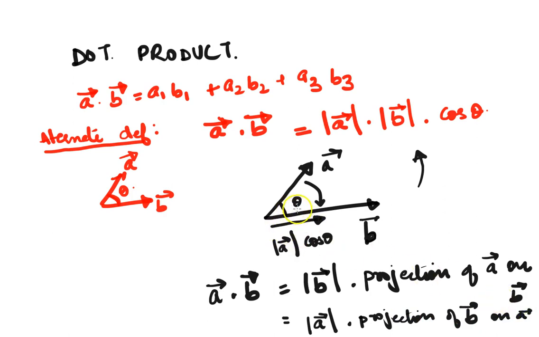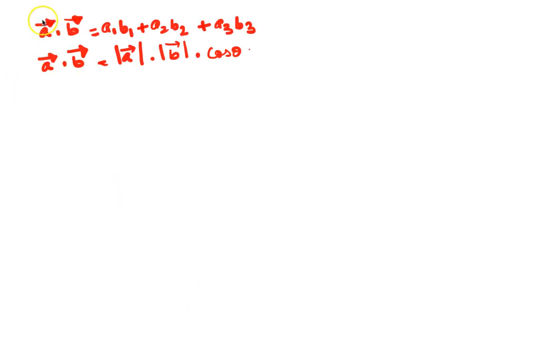We could have said, instead of projecting A, we could have projected B on A. We'll then have B cos theta. Okay, so we have seen two different definitions of a dot product.